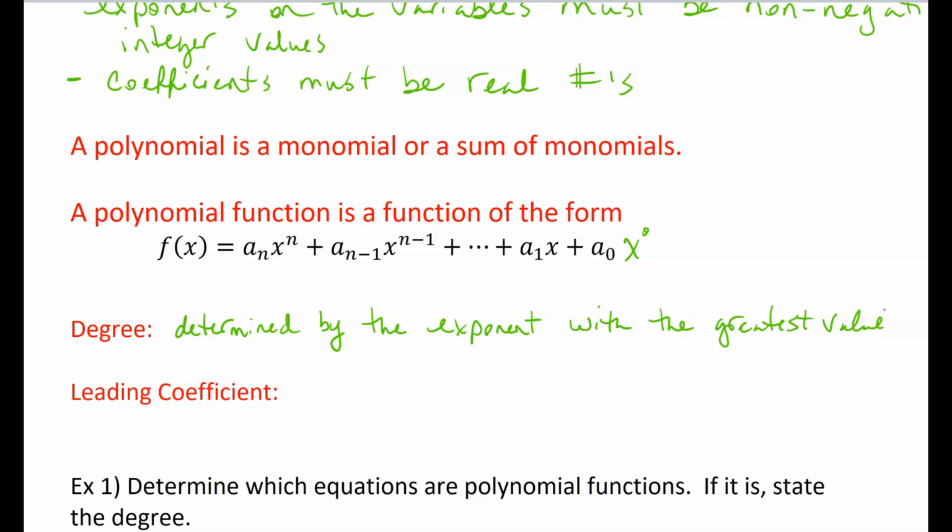And the other very important piece of a polynomial is the leading coefficient. Allison, what's that? That's the coefficient in front of the degree. In front of which degree? The highest. The highest degree, yes. So the coefficient with the highest degree exponent.